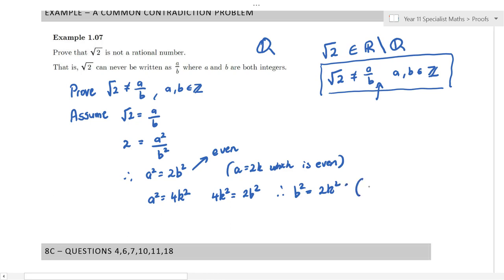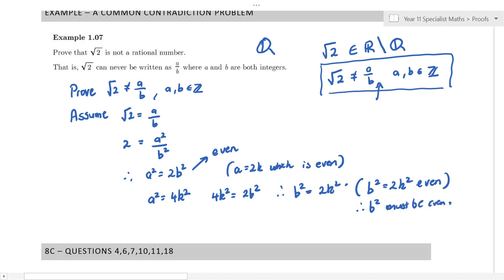Even. So B squared is equal to 2K squared, which makes that even, doesn't it? So therefore, B squared must be even.